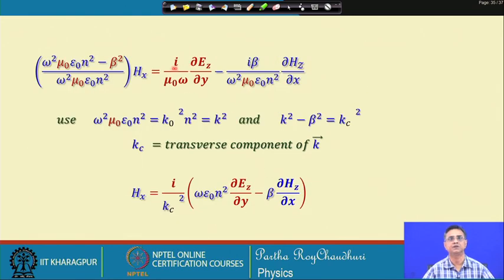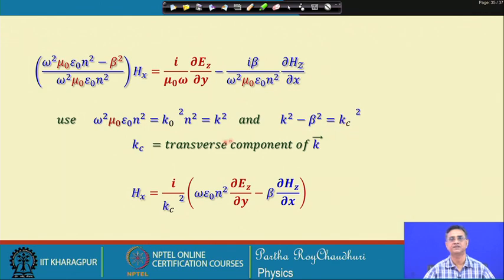So, this equation will give you this form, that Hx can be written in this form, and here in this equation, this quantity epsilon mu naught n square, you can make out what it is. Epsilon naught mu naught is equal to 1 by c square. So, omega square by c square is k0 square into n square, that is equal to k square, and k square minus beta square, this quantity, we write simply here as kc square.